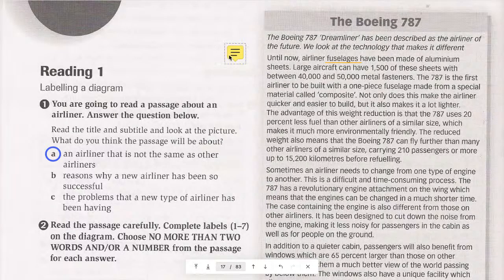For example, you don't understand fuselage, but then they say that those things have been made of aluminum sheets. Large aircraft can have 1,500 of these sheets with between 40,000 and 50,000 metal fasteners. Okay, so read those words, and of course after each lesson you have a chance to learn some new words related to some particular topics, and this topic is about the Boeing 787. Okay.